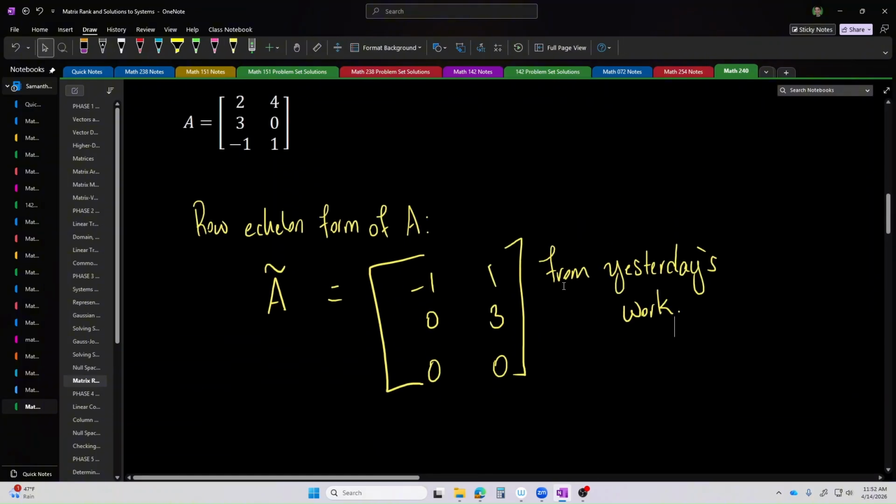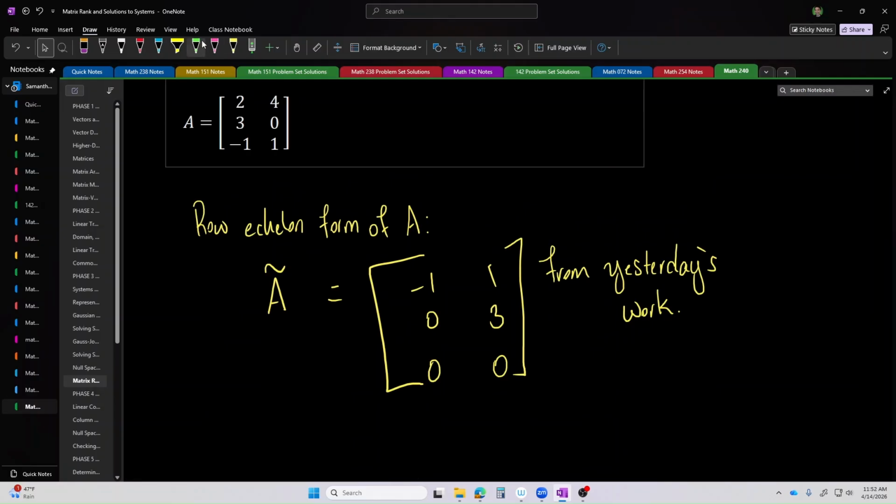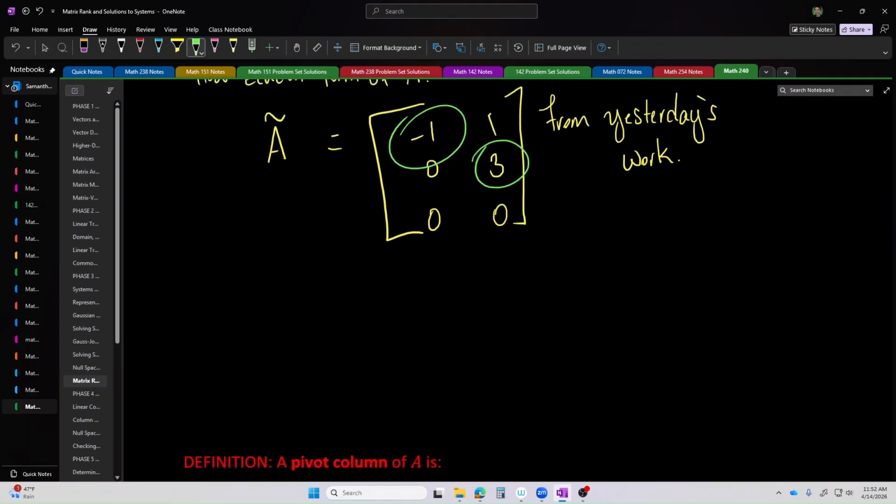So having now obtained the row-reduced version of the matrix A, I'm going to look inside it and count how many pivots we've ended up with. So I see a pivot here in the upper left, and I see a pivot in the second row and the second column. So here I have 2 pivots in A tilde.